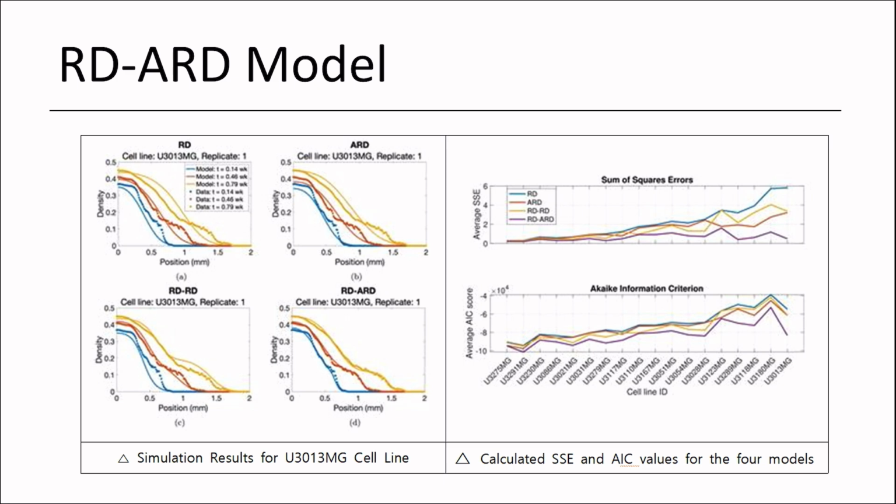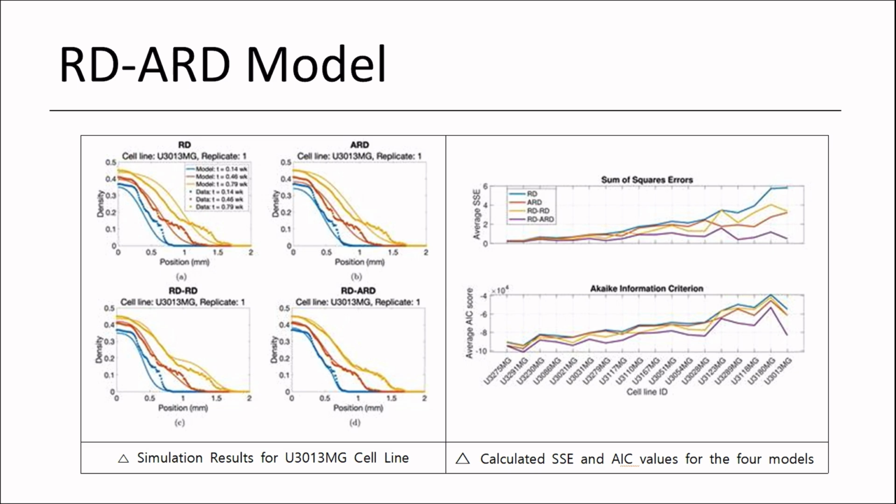To further evaluate model performance, we calculated the SSE, sum of squared errors, and AIC, Akaike information criterion, values for all four models. These metrics summarize how well each model fits the experimental data. Lower SSE values indicate fewer errors between the model predictions and the actual data. The AIC value helps us assess model quality, balancing fit with model complexity.